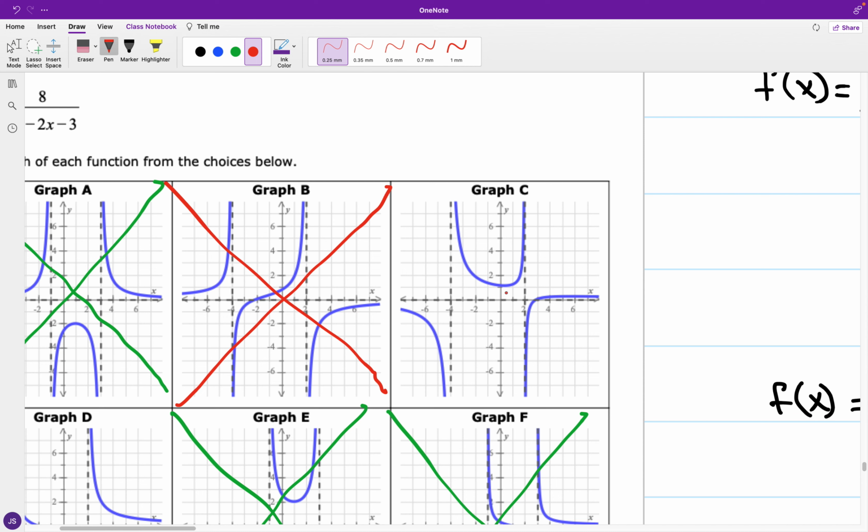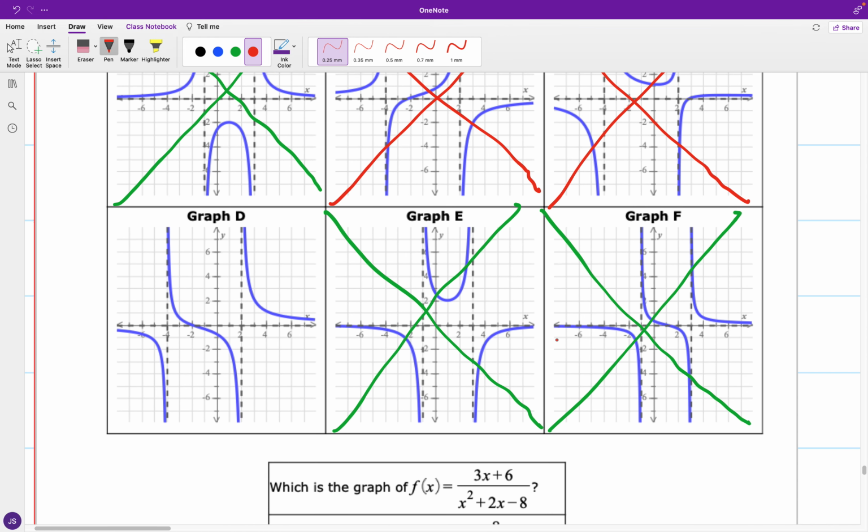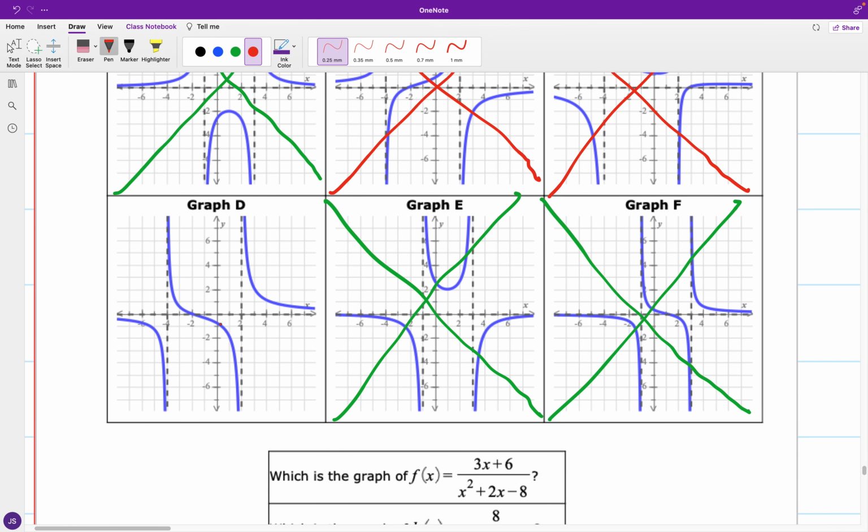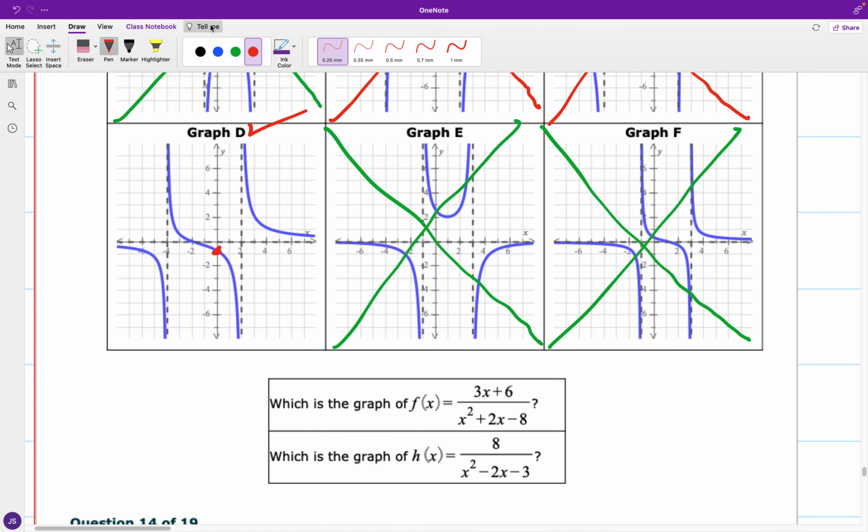Graph C has that section above the x-axis, so that goes out. And for graph D, we have about negative 3/4 along here, and graph D runs through this along the middle portion. So the graph of the function f of x turns out to be graph D.